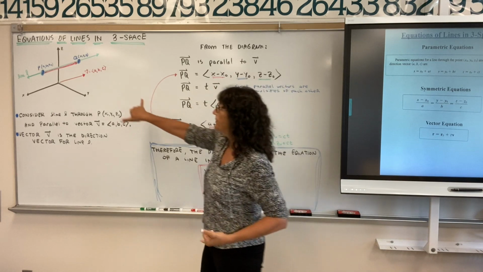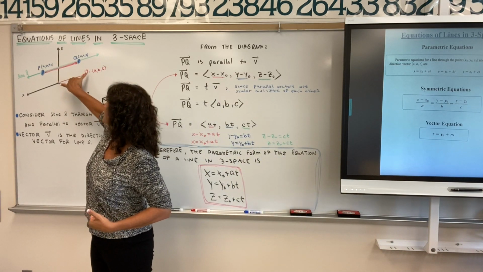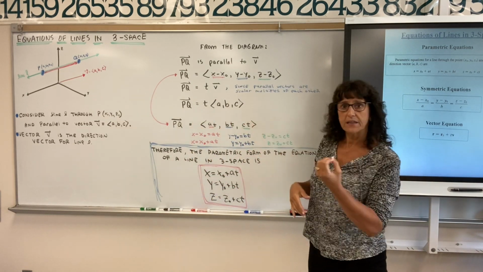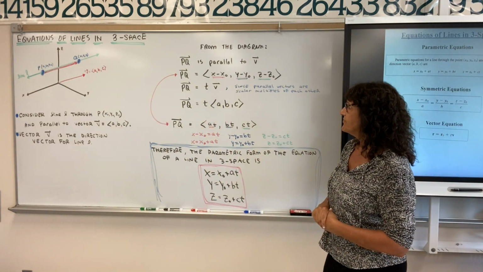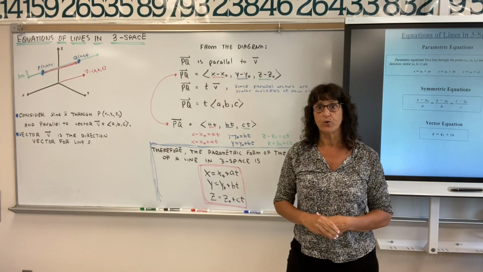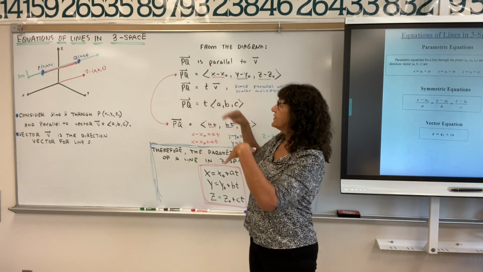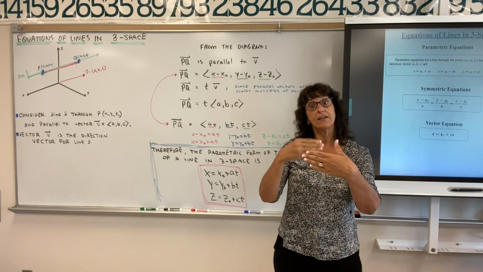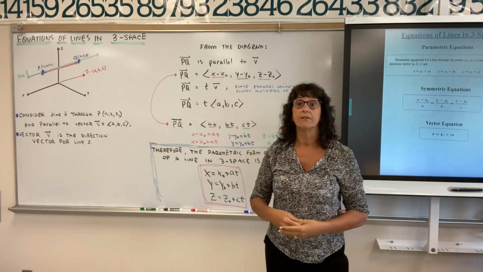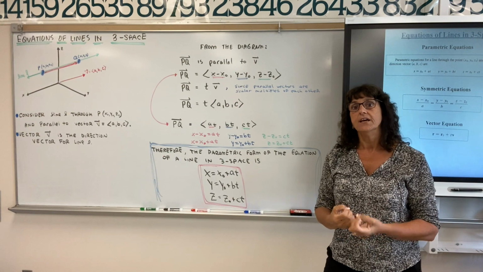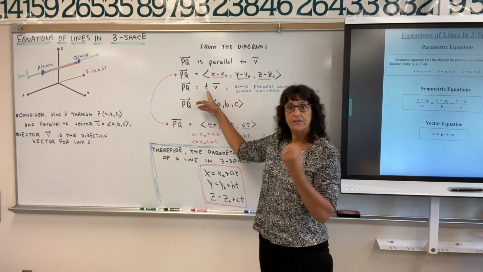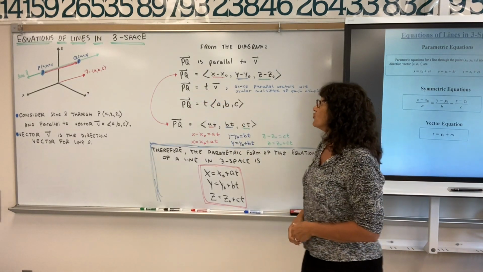This takes my vector PQ and moves it down here, so it's like on top of V, but not necessarily the same length as vector V. So now we have vector PQ written in component form, and because vector PQ and vector V are parallel to each other, they are scalar multiples, so we can write vector PQ as a scalar multiple of vector V. By definition, parallel vectors are scalar multiples of one another, with t being our scalar here. So now what can we do?